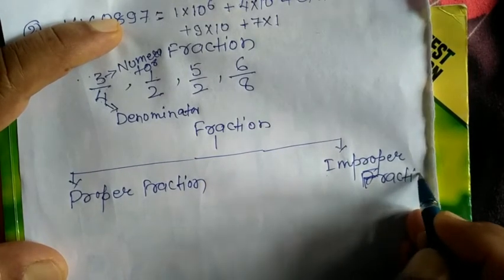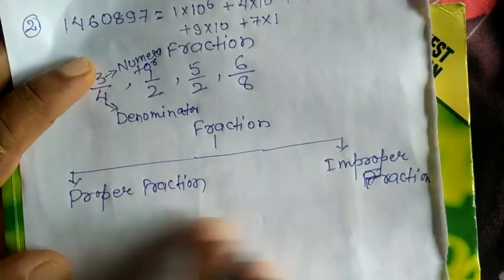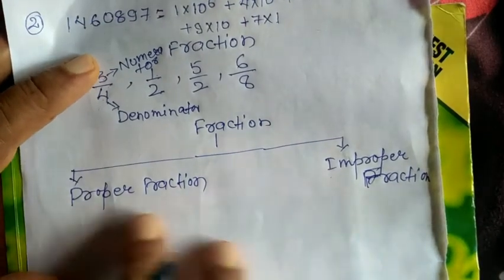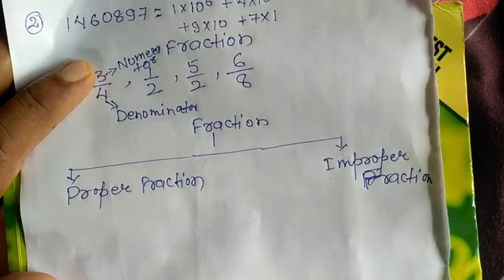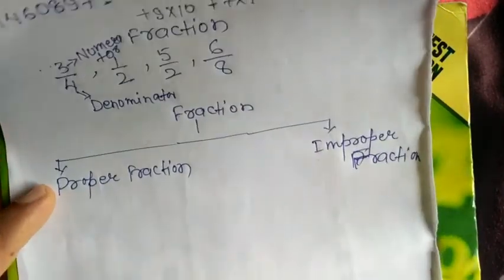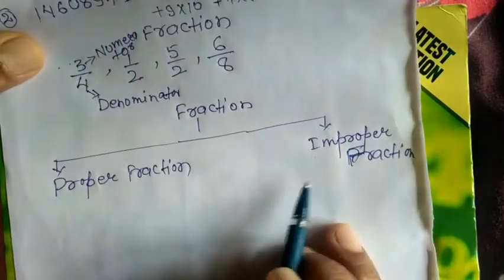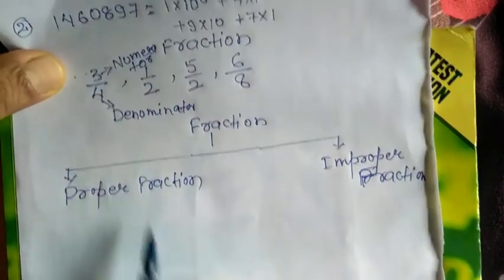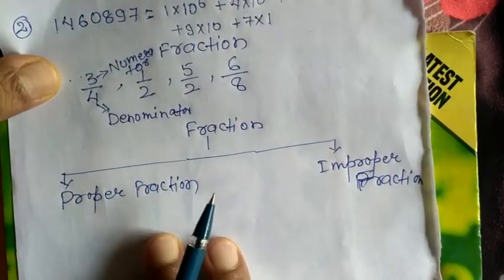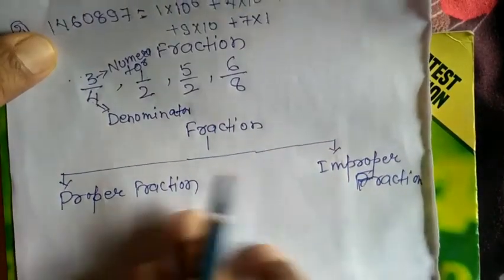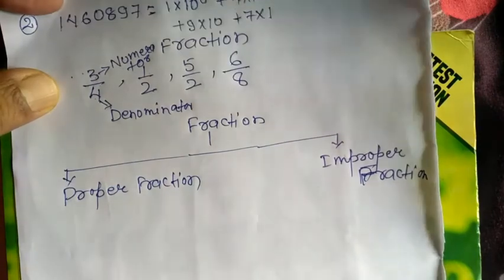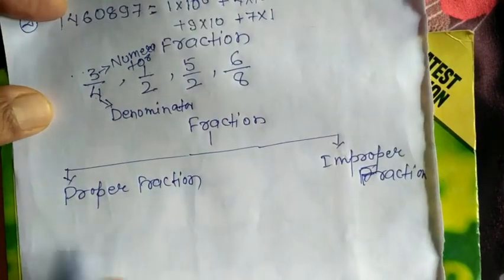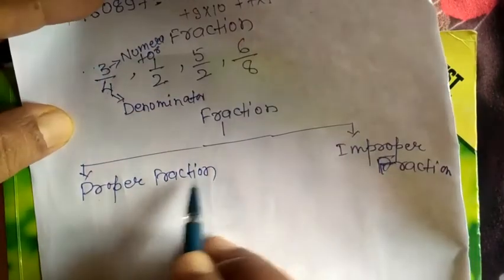Now see, what is a proper fraction and what is an improper fraction? We must know about this, because some chapters may be based upon it. That is why I give you a clear concept regarding a few terms. That is why I prepared this video, so that you will come to know about the main aspect of mathematics. Correct?